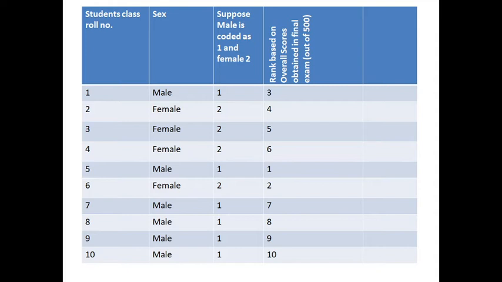But from this data you cannot find out how much difference there is between, say, the first rank holder and the second rank holder. So what is the difference in their score? That is not stated in ranking scale or in ordinal scale. So this is a limitation of ordinal scale, and that's why there are other scales also through which those types of information or data can be covered.